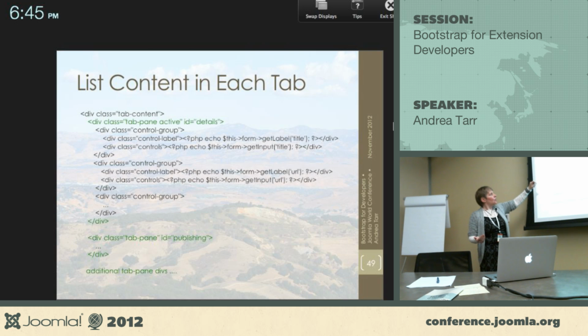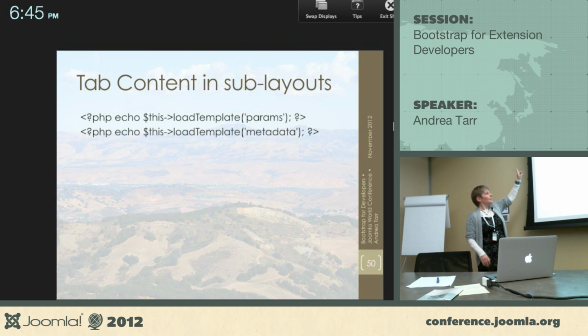So in this particular case, I'm showing this tab pane. Here's the details. Then you have a tab pane that would have the publishing, and then you might have additional tab panes down here, which could consist of just jumping out to a load template and a sub layout. And those would have the information in it.